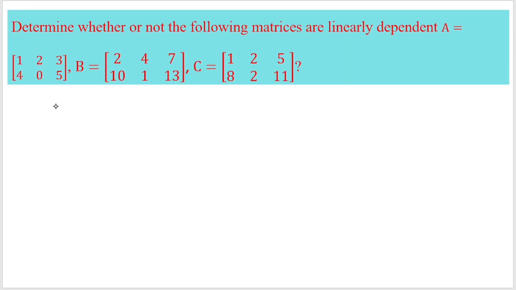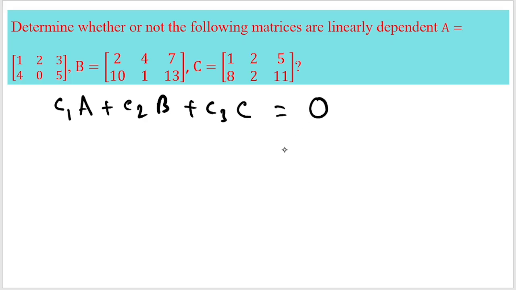Next problem, we'll check whether these three matrices are linearly independent or not. Again, we'll consider the same approach. We'll take the combination of these three matrices and make it equal to the 0 matrix, and then we'll check whether we can get any non-zero C1, C2 or C3 or not.